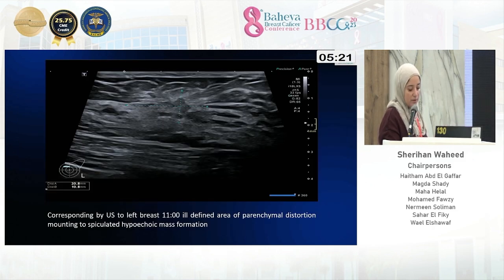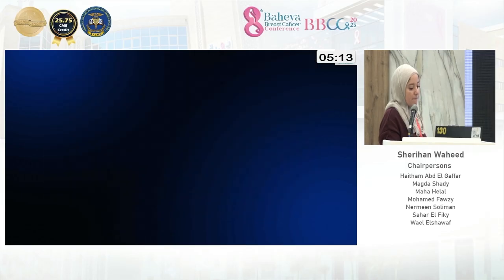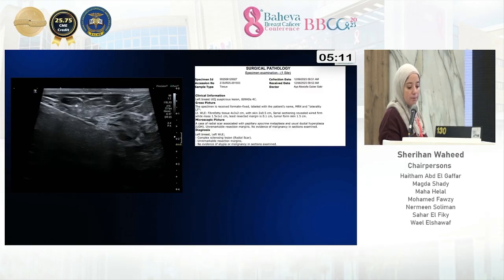By ultrasound, there was an area of parenchymal distortion amounting to a spiculated hypoechoic mass formation. Tru-cut biopsy revealed radial scar, and the wide local excision confirmed the pathology.